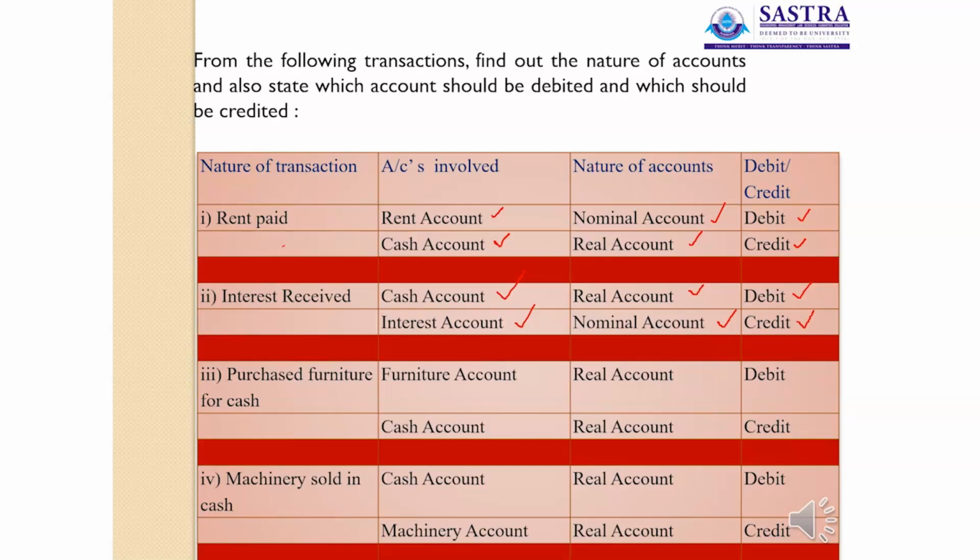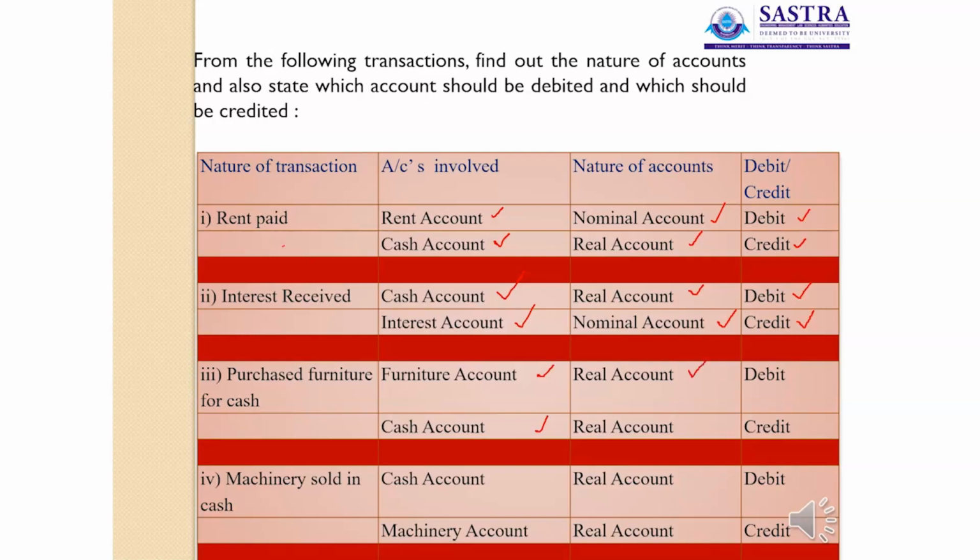Then next one is purchased furniture. Here what are the accounts involved? Furniture account and another one is cash account. Furniture account is a real account.